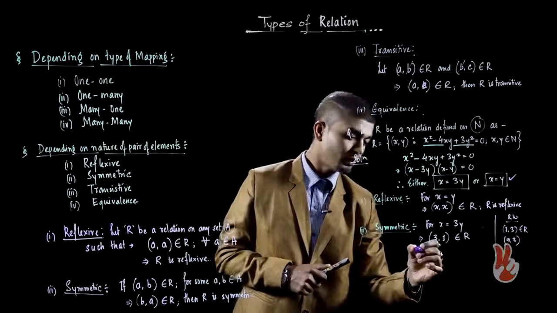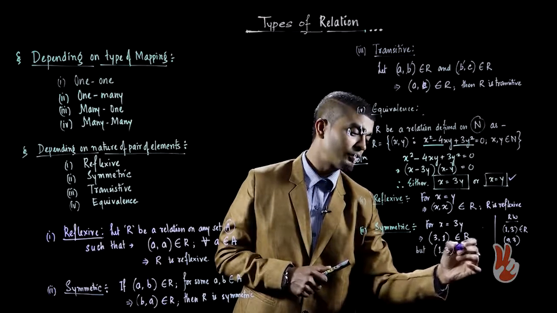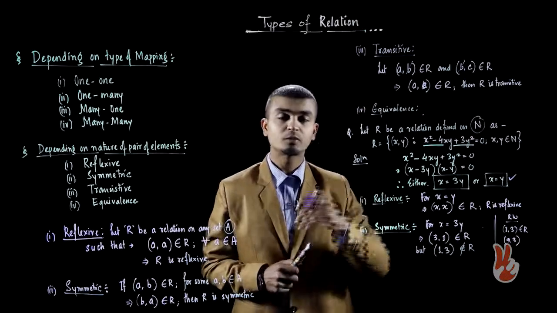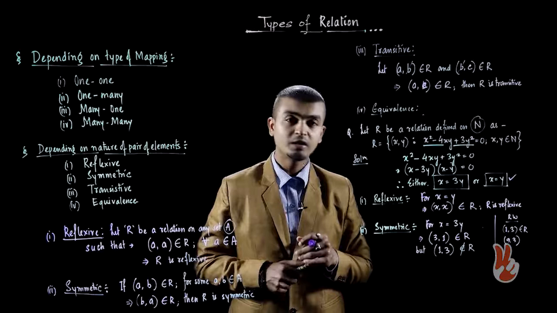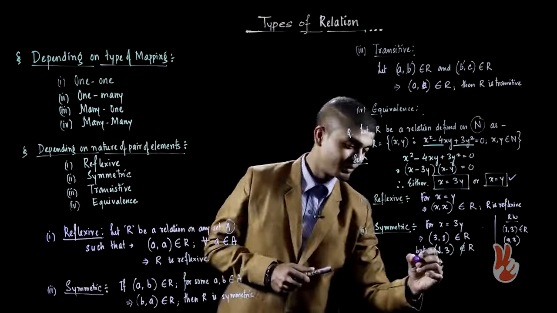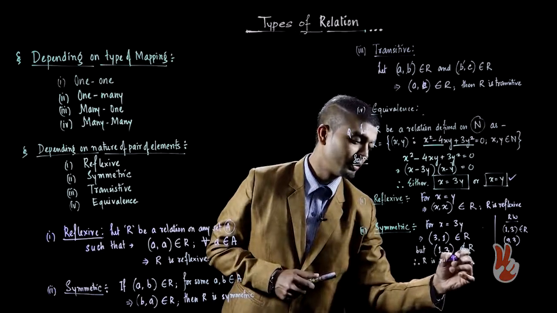But that means (1, 3) does not belong to the relation R. That means the reverse of the pair is not available in the relation. So, therefore, R is not symmetric.